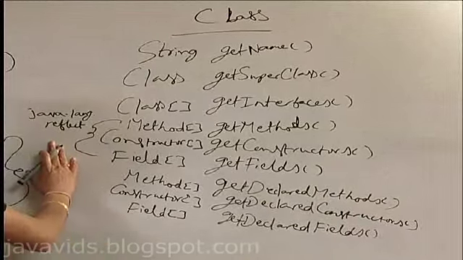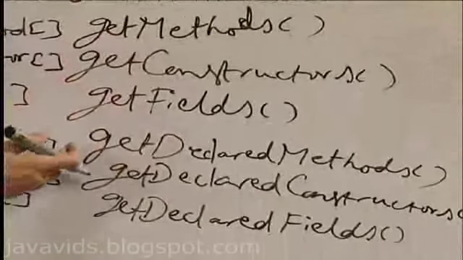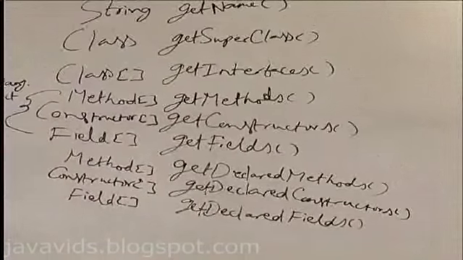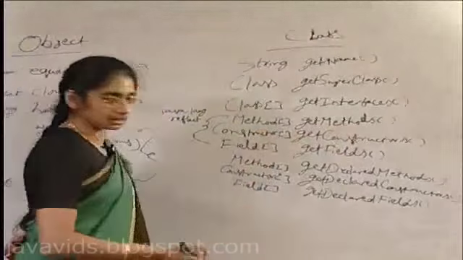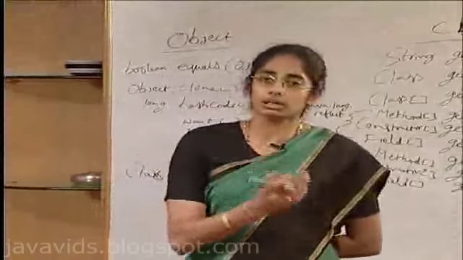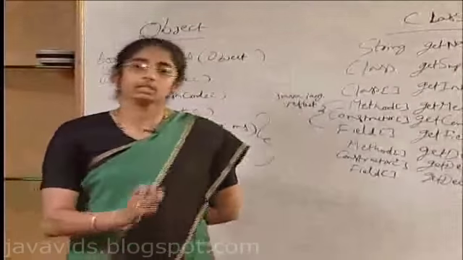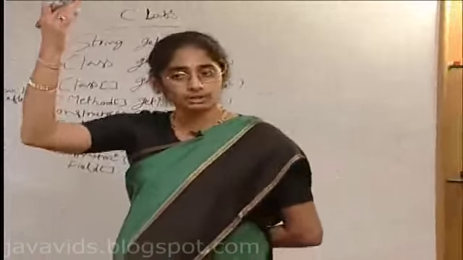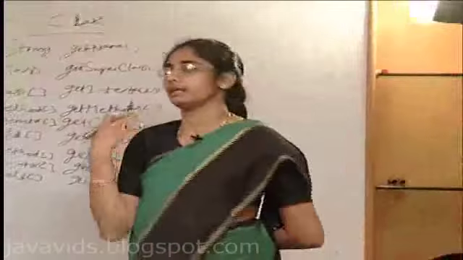Now what is the difference between getMethods, getConstructors, getFields versus getDeclaredMethods, getDeclaredConstructors and getDeclaredFields? In the case of getMethods, getConstructors and getFields, it will return all the methods, all the constructors and all the variables which are publicly defined, starting from whatever I have inherited from the Object class till the class where I am doing a reflection.